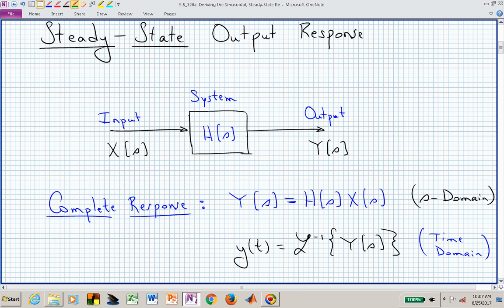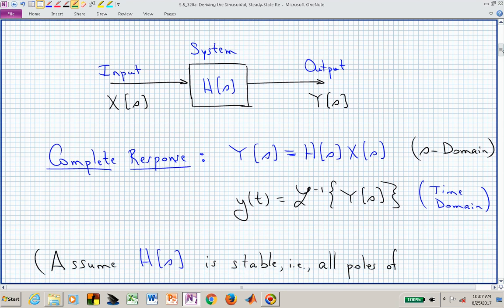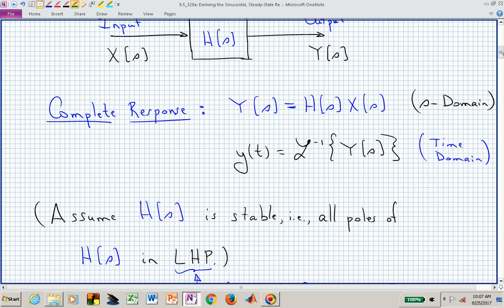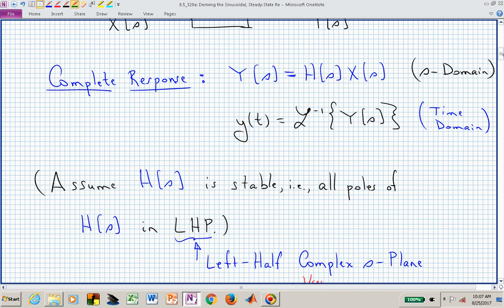By that I mean it gives us the transient behavior, and if we have a steady state behavior, some kind of steady state behavior. In this particular case, we will have steady state behavior because we're exciting our system with a sinusoid that we never stop applying to the system, but we are assuming in this case that our system, H of S, is stable.